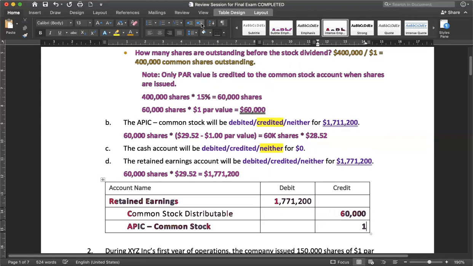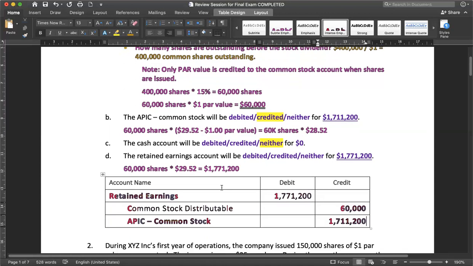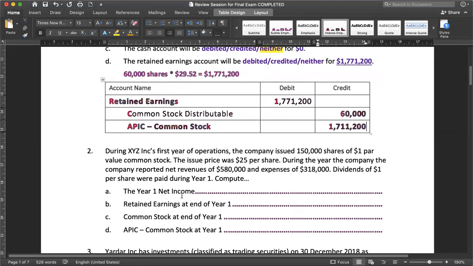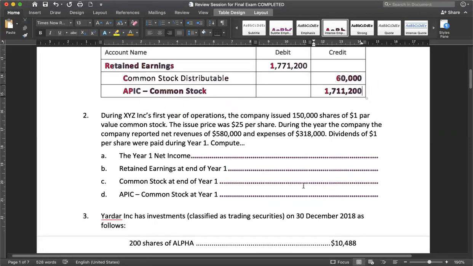And that would be for $1,711,200. All right. Are there any questions on this part in terms of determining dividends? And I mean stock dividends, recording stock dividends. If not, I will then continue to the second problem.